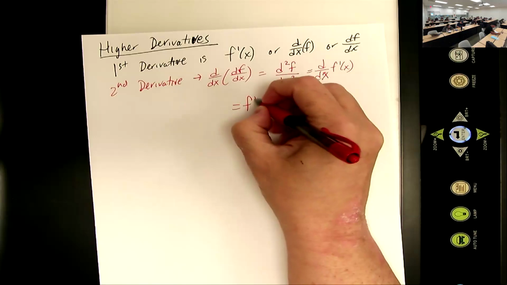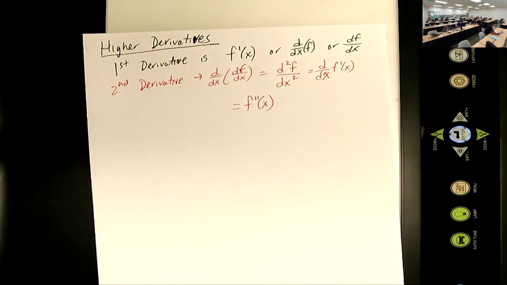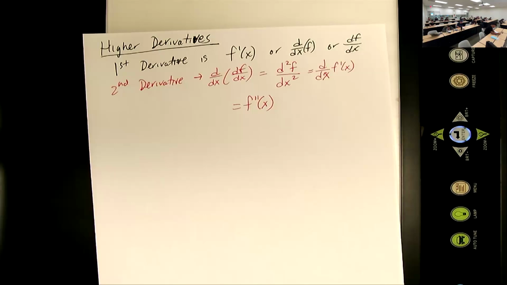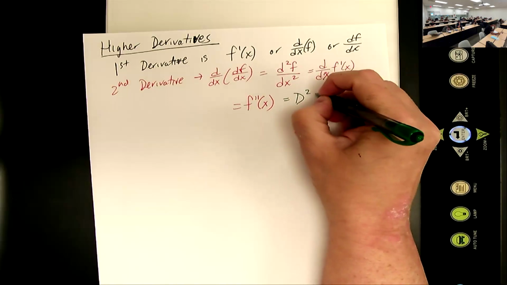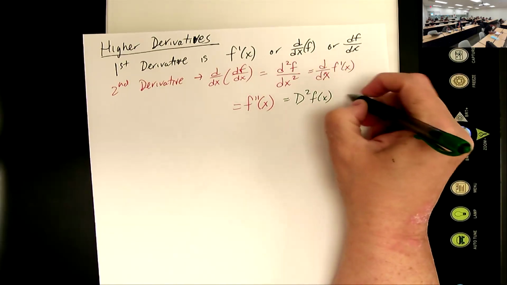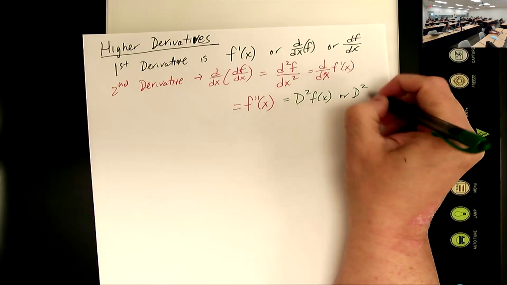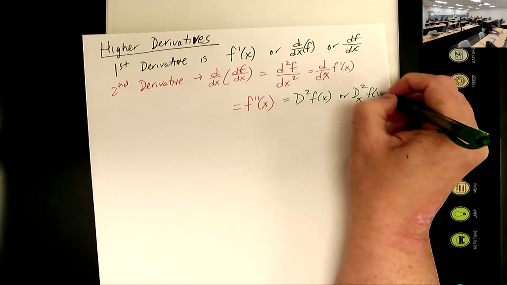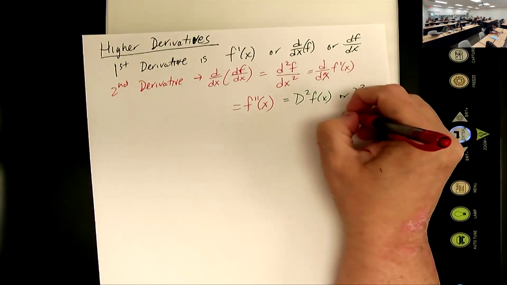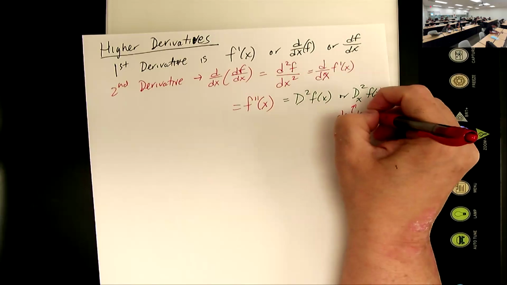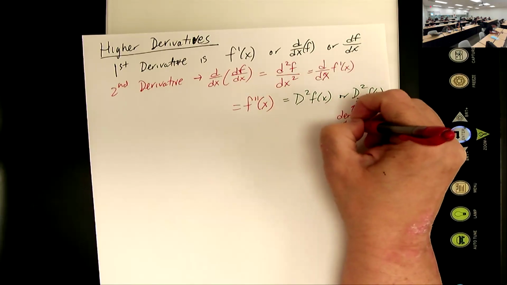And we also write it as f double prime. In some books, you'll see d squared f of x, or d squared with an x down here of f of x, where this denotes with respect to x.